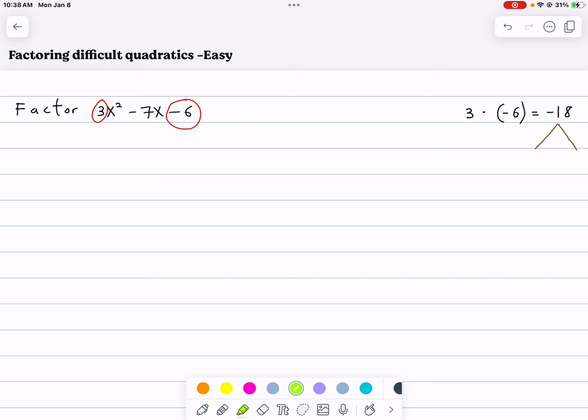So I'm going to recap again. You look for two numbers that multiply to give negative 18, but when you add them, they give you negative 7. So what are those two numbers? That when you multiply them, they give you negative 18, but when you add them, they give you negative 7.